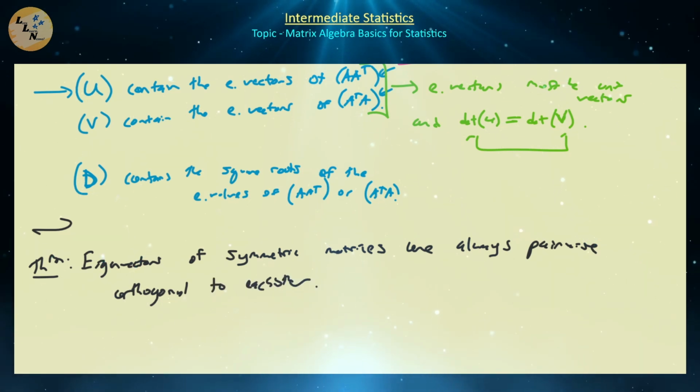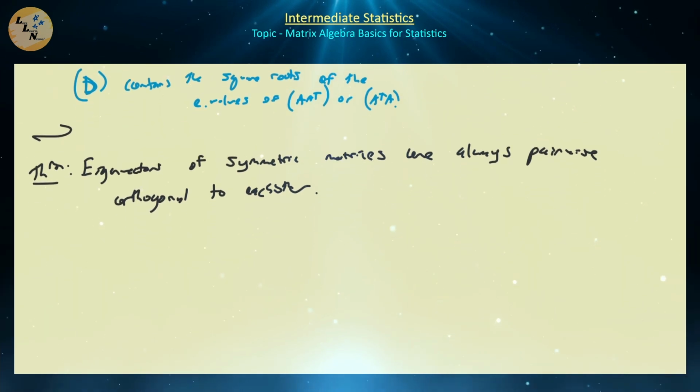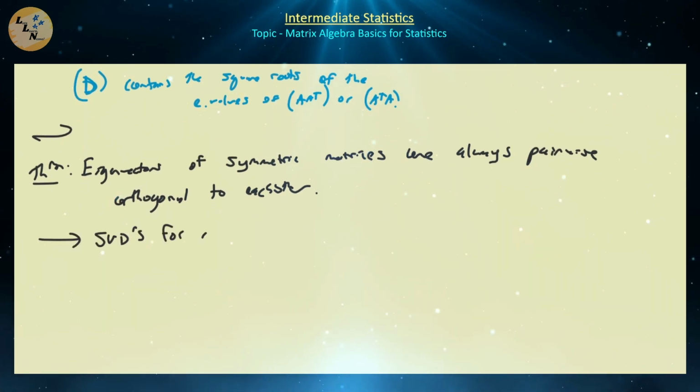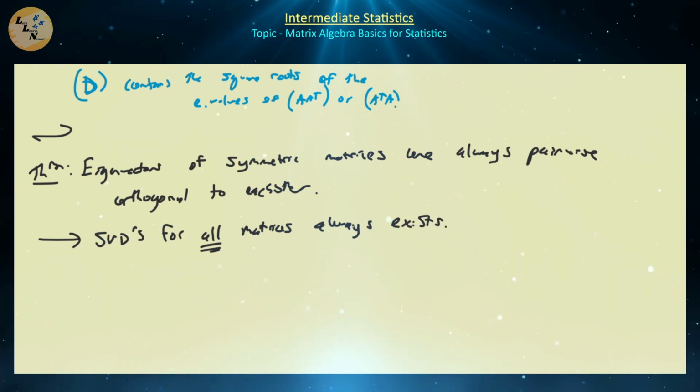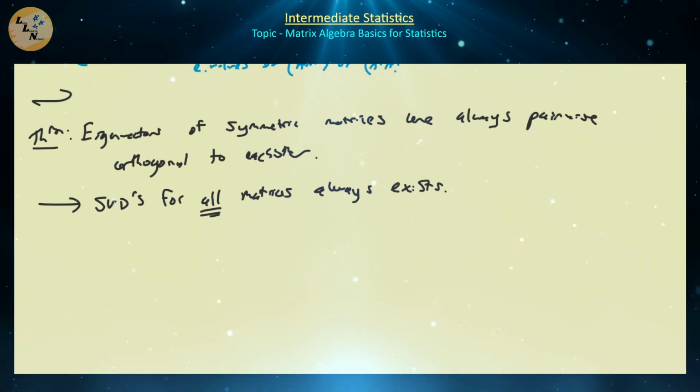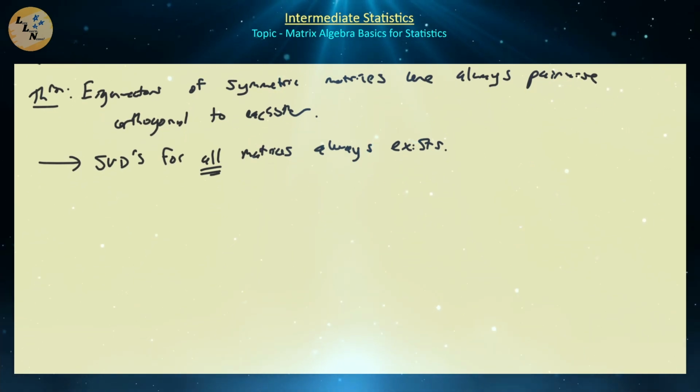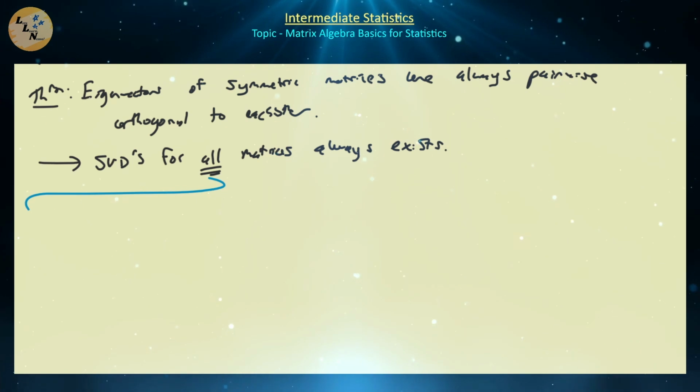And since you can always choose those scalings, that means that SVDs for all matrices always exist. And there are several geometric interpretations of singular value decompositions, which one can explore if you want to know a little bit more, because there are definitely so many applications of that, right?